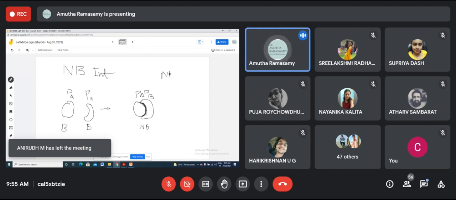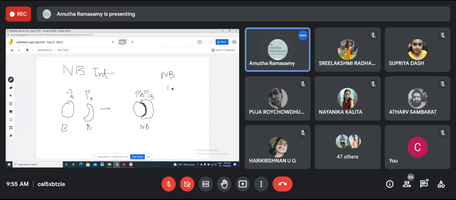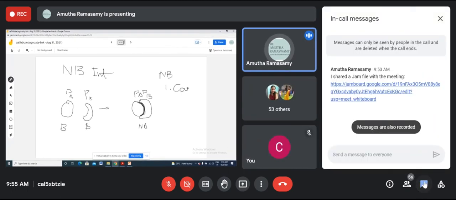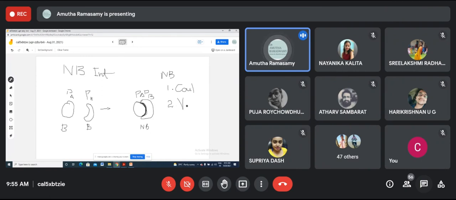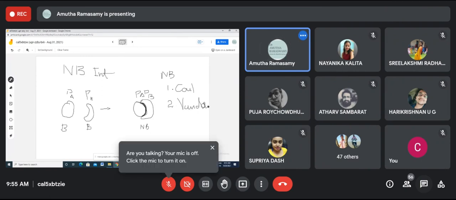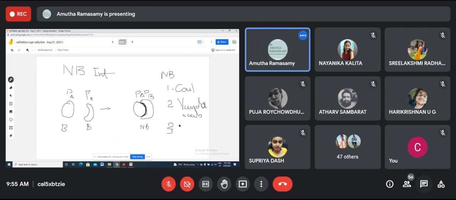For the non-bonded interactions, we are worrying about Coulomb interactions, then van der Waals, and hydrogen bond. These are the main things we are worrying about.